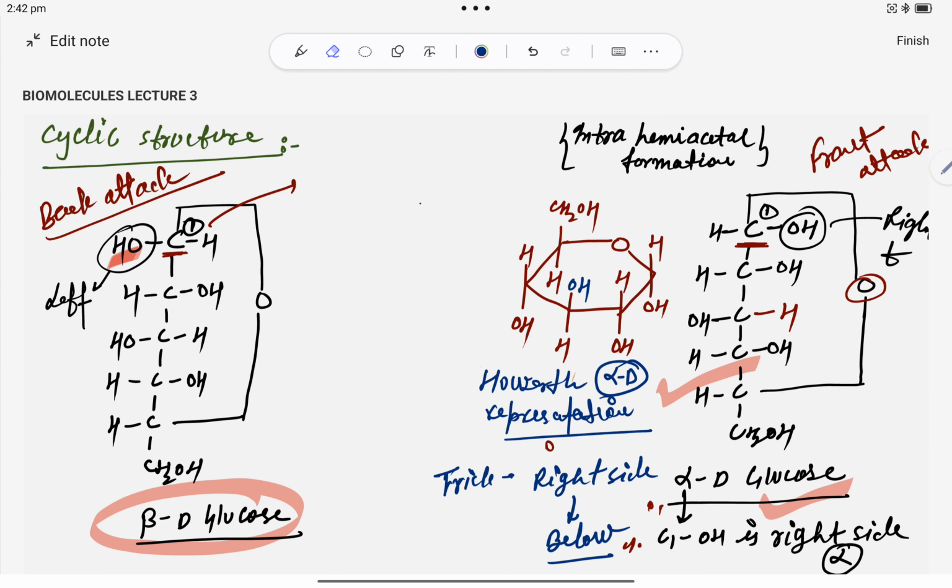Hydrogen is attached to it. So that is the alpha D.